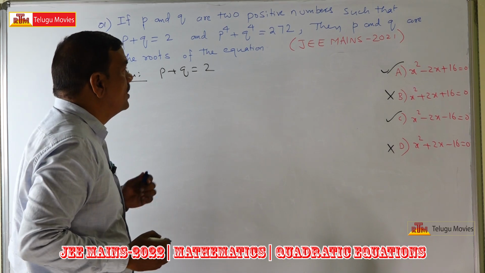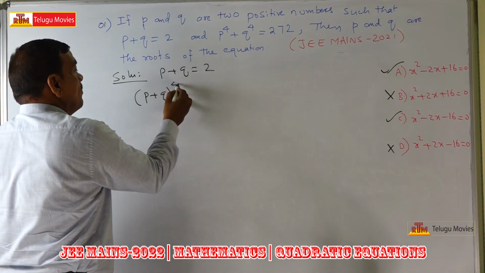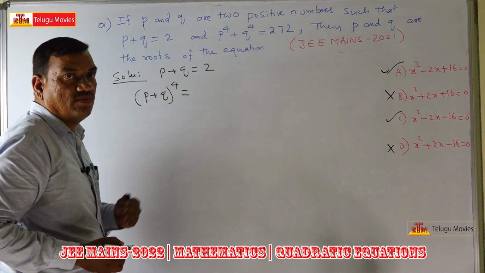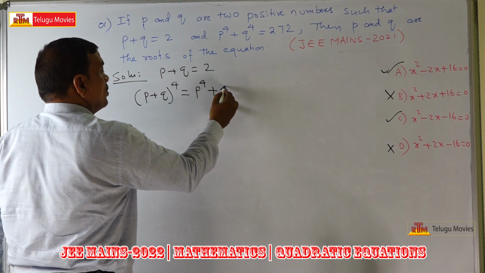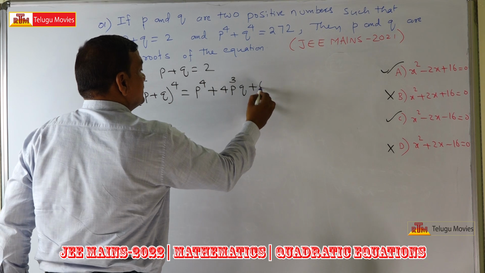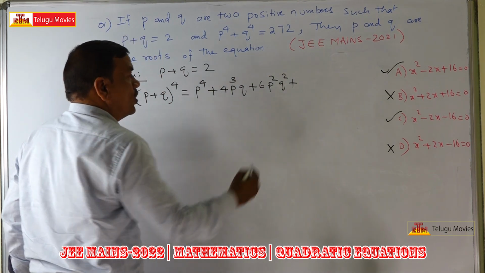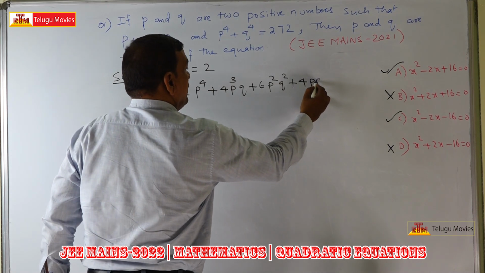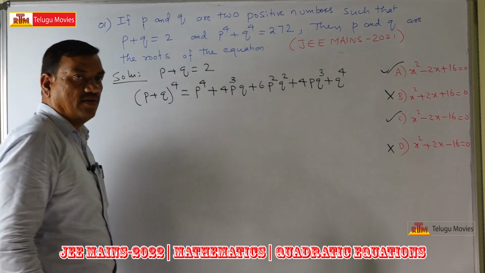Okay now, I will write down the binomial expansion. P plus Q whole power 4 is equal to, just now I explained the binomial expansion, P power 4 plus 4 times P cube Q plus 6 times P square Q square plus 4 times P Q cube plus Q to the power of 4. Okay, right.